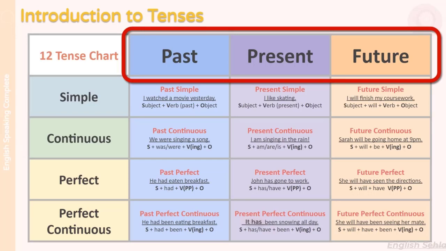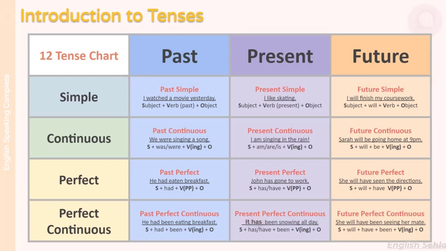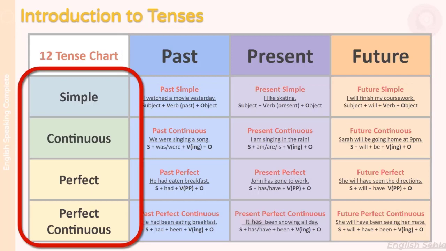Each of these 3 times also has 4 types of actions: simple, continuous, like we just saw, perfect and perfect continuous. So depending on when the action is, we can also say what type of action it was. Simple being I ate noodles yesterday. That's a past simple tense. I was eating noodles yesterday would be past continuous.